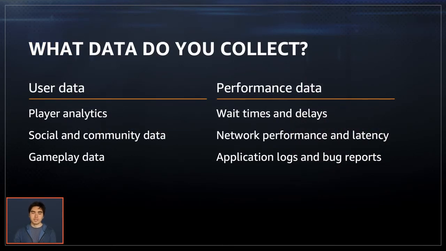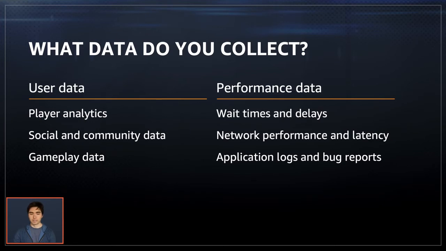So first, we just want to dive into what types of data does Debbie want to be collecting and looking at, right? We already talked about what the demands of data analytics in games are, but what data should we actually be capturing to meet those demands? So we kind of break this down into two categories. We've got user data and we've got performance data. So under user data are things like player analytics, statistics about players, social and community data, how those players might be interacting with one another.